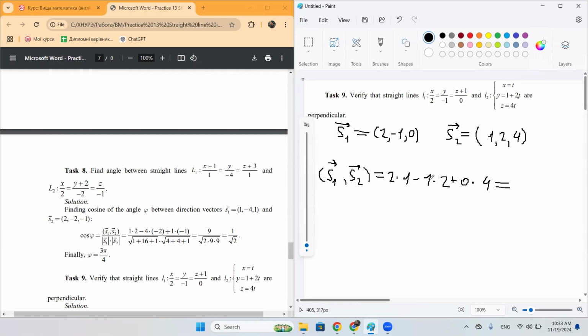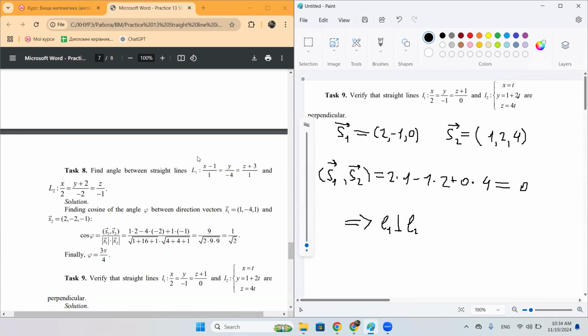So 2 minus 4, so minus 2 plus 0, so yeah, 0. And the final answer: L1 is perpendicular to L2. You always have to write the conclusion, the final answer.